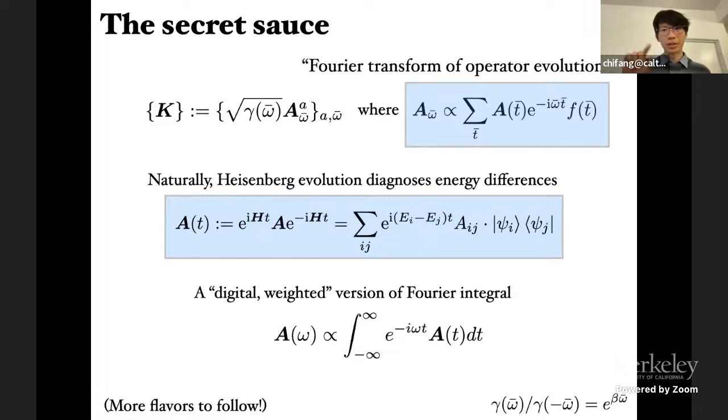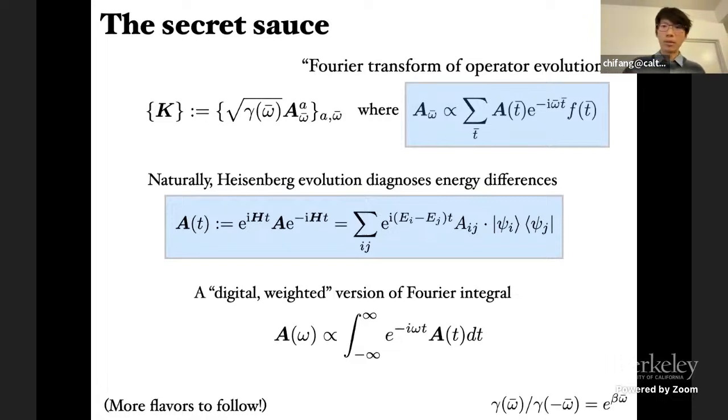First, this A of t is defined as the Heisenberg evolution. This is something that you find in physics textbooks. It's very natural in quantum mechanics. What it does essentially is add phases according to the energy difference. So from here you can explicitly see that this really diagnoses the energy differences.